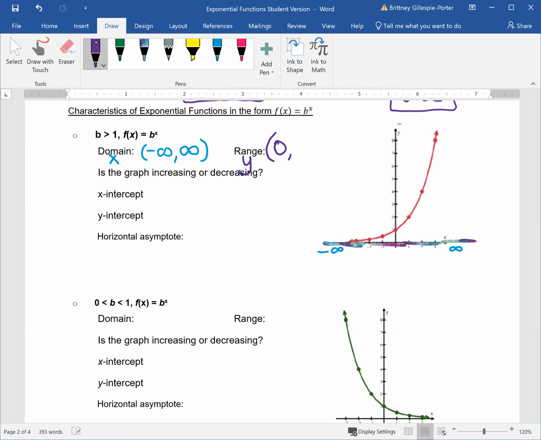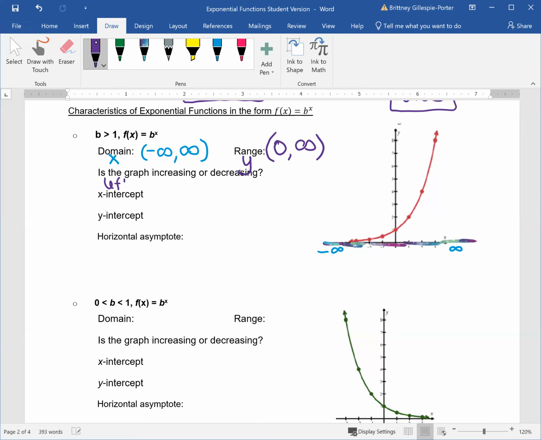And then if we keep going up to find our highest y value, notice that it keeps going up, which means it'll go up and up and up, which means our range is going to go up to infinity. When we are looking at whether the graph is increasing or decreasing, you need to pay attention from left to right.